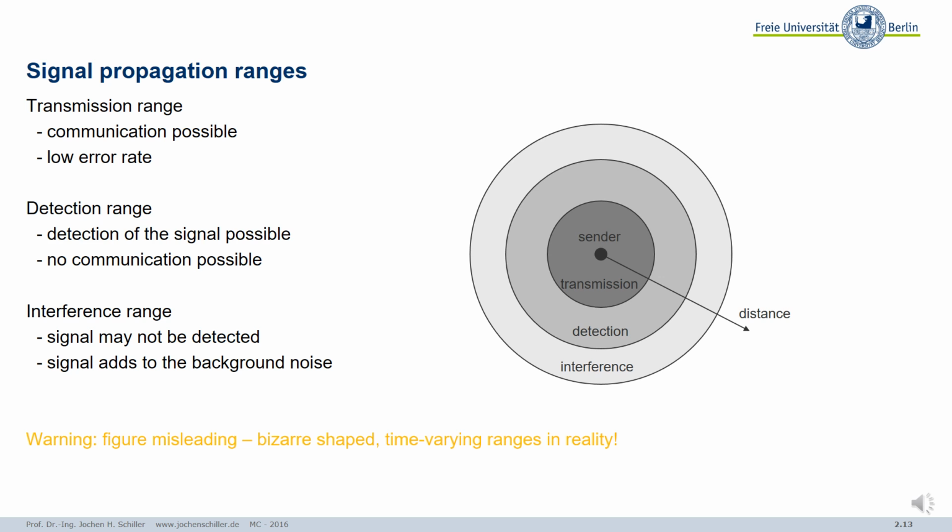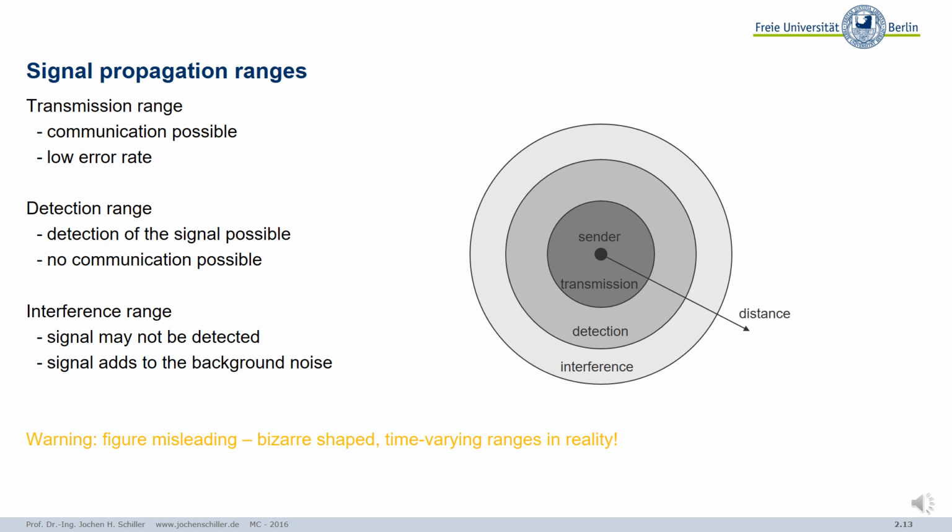So in the end, if you measure the energy at a certain point on the surface of the sphere, you measure less and less energy depending on the distance to the point where you emitted the signal. And as the signal gets weaker and weaker, well, you sooner or later come into the problem that you cannot receive anything anymore.